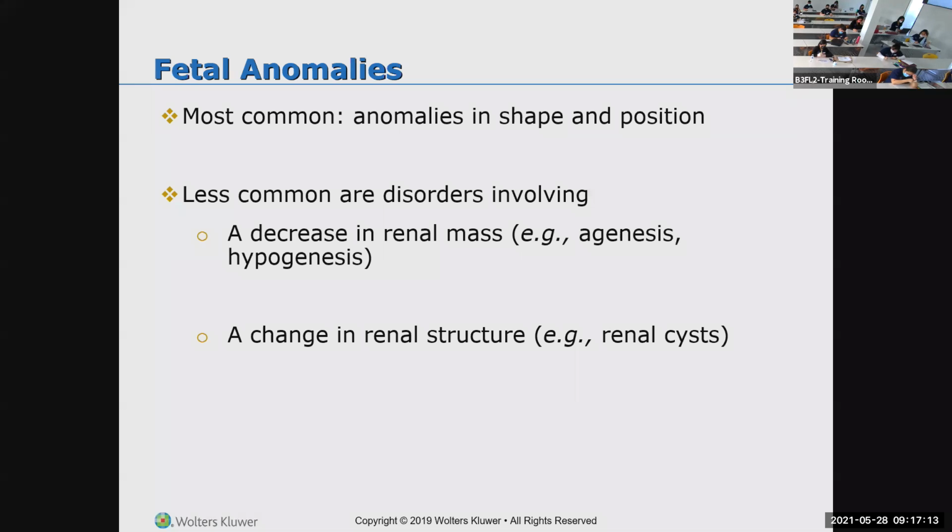Less common, please remember, less common disorders involve a decrease in renal mass. Renal tissue is less developed. We are going to discuss agenesis, hypogenesis, dysgenesis, and so forth. Number two is change in renal structure.